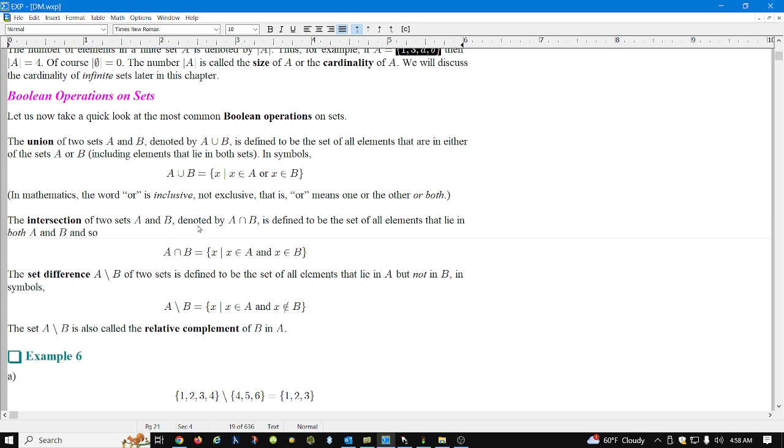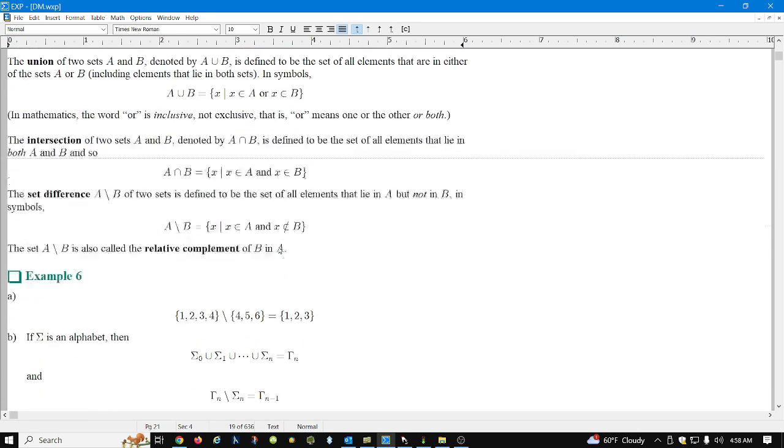The intersection of two sets is the set of all elements that are in both. The set difference, A minus B, some authors will use an ordinary minus sign here, but I prefer this symbol, which is commonly used for the set difference, because it reminds me I'm not dealing with numbers, I'm dealing with sets.